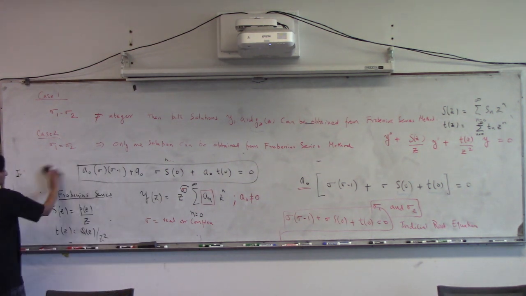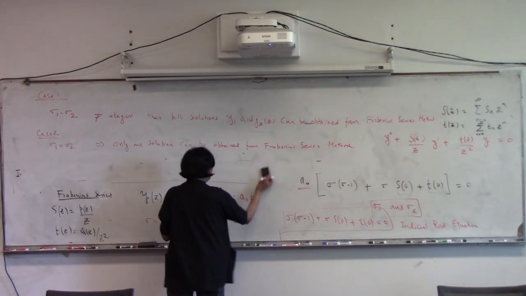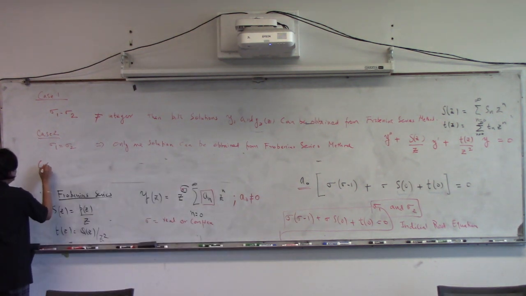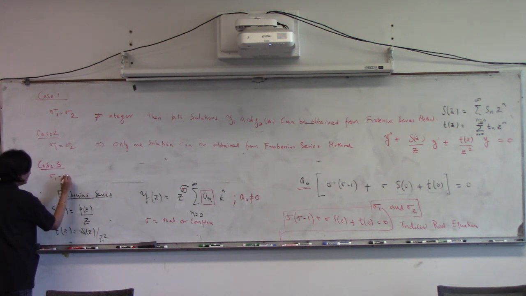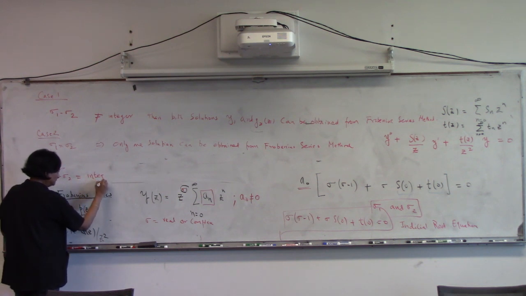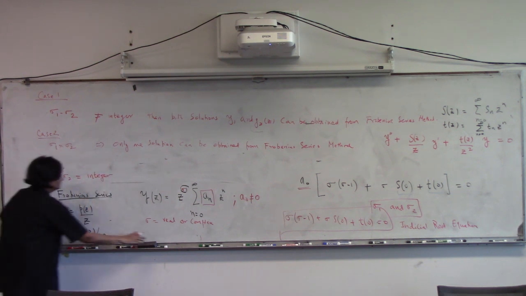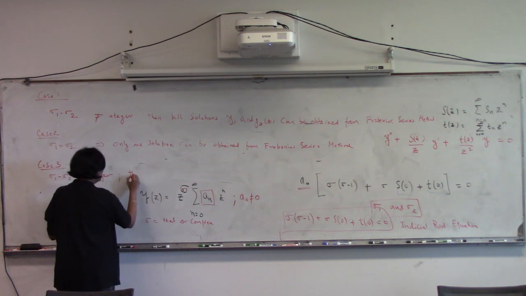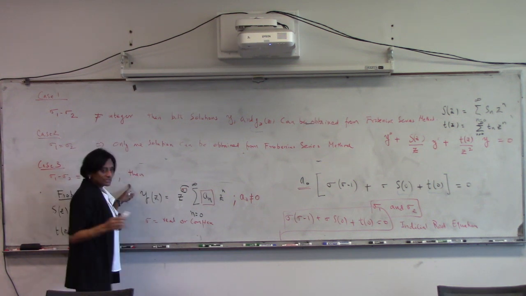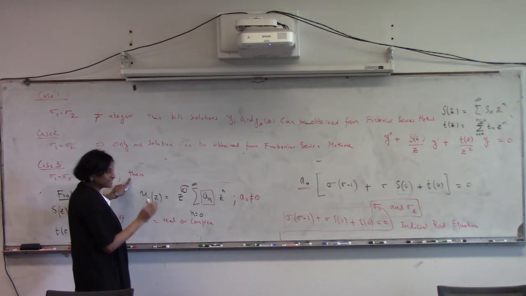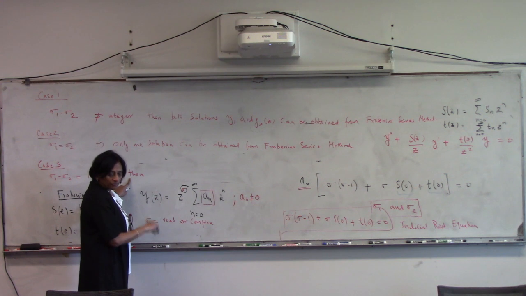Case 3 is the one which is a little bit tricky. If the difference between the two roots is an integer, then at most you can get only one solution. There's no guarantee of the second solution from the Frobenius method.